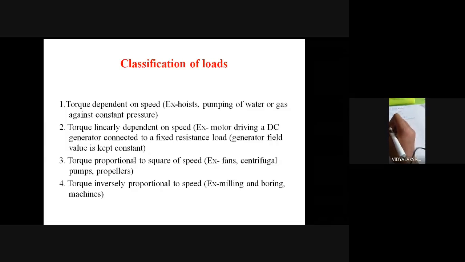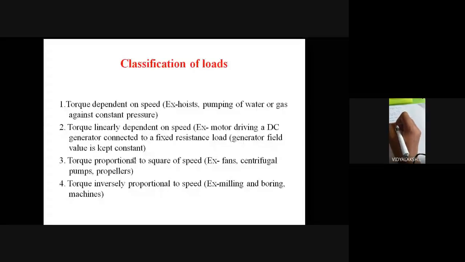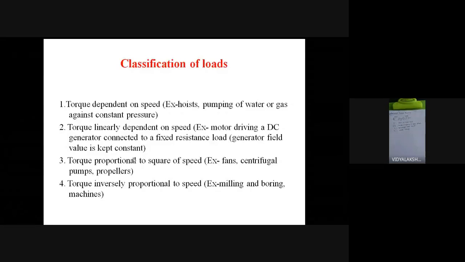T is the developed motor torque. And TL is the load torque. This is the thing you have to know, the fundamental torque equation. Depending upon the inertia and the angular velocity, my torque equation will be varying.